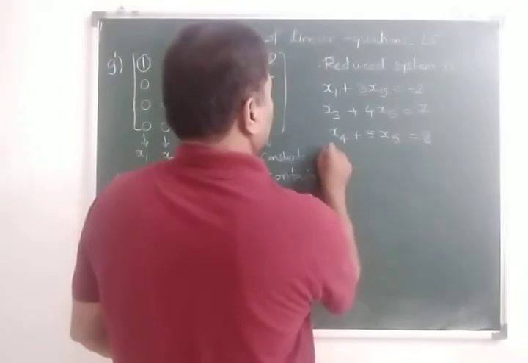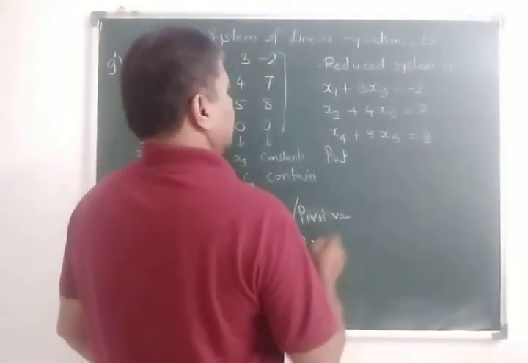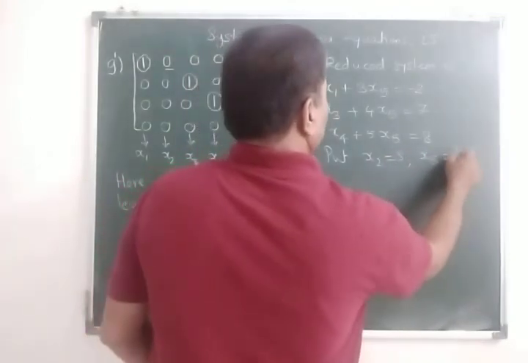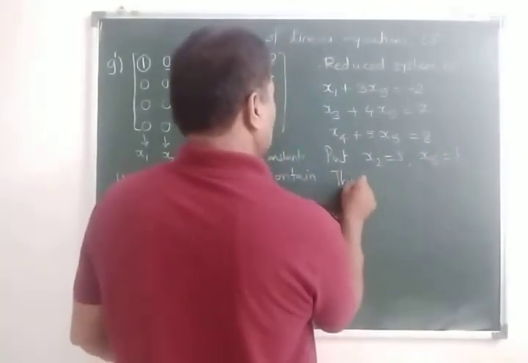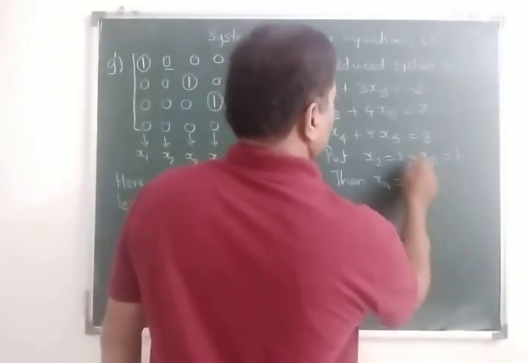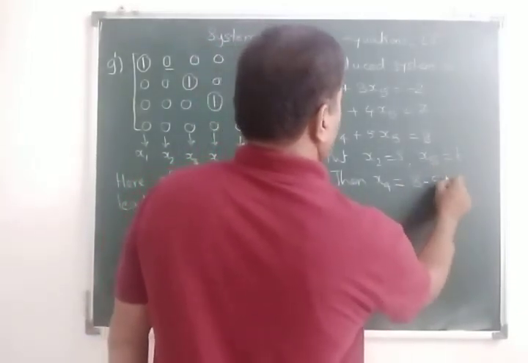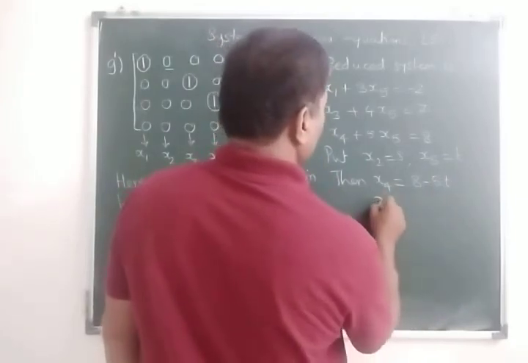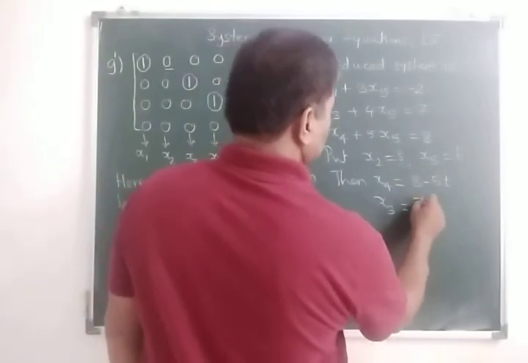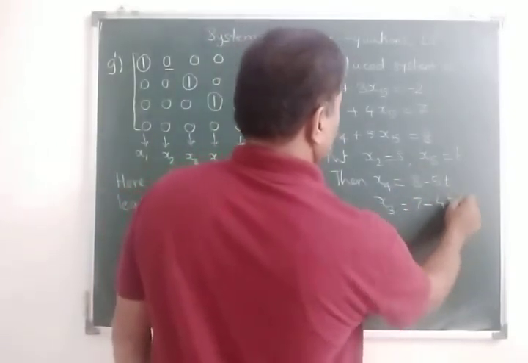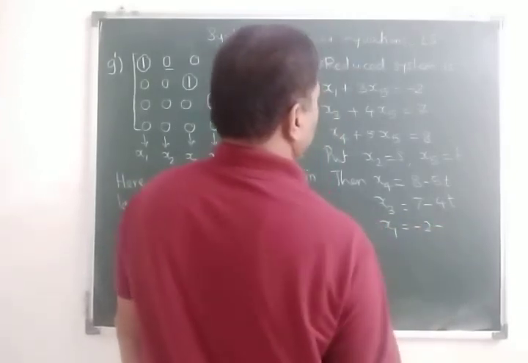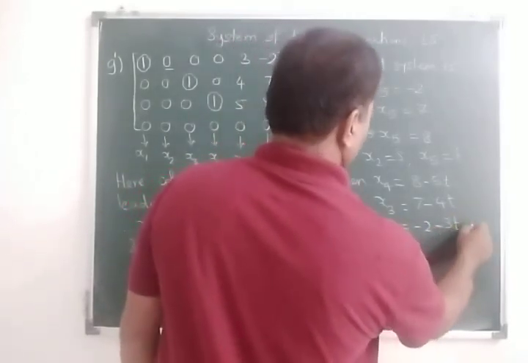Put, say, x2 is equal to s, x5 is equal to t, then x4 is equal to 8 minus 5t, x3 is equal to 7 minus 4t, and x1 is equal to minus 2 minus 3t.